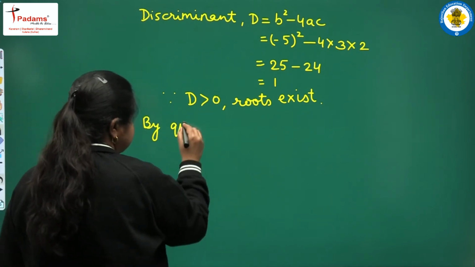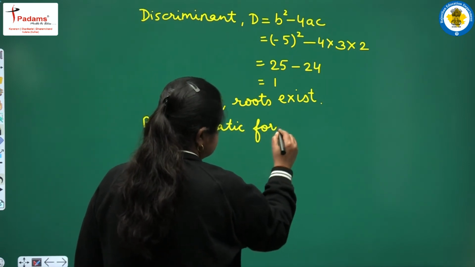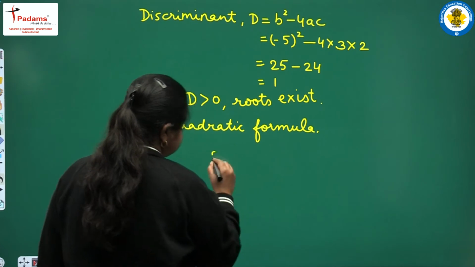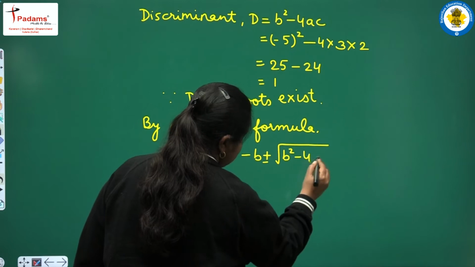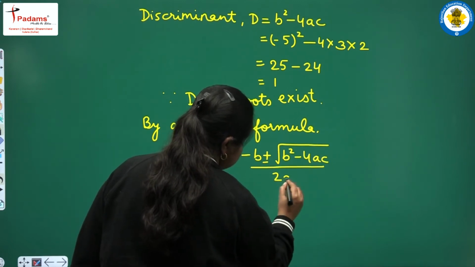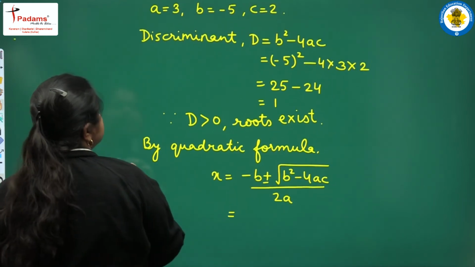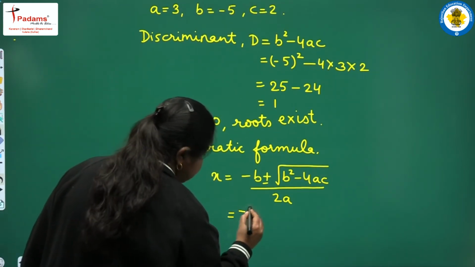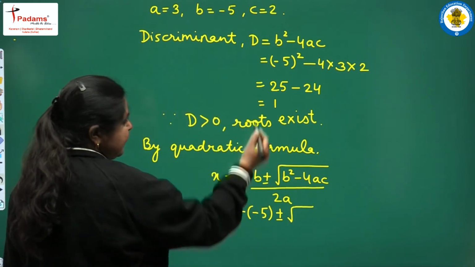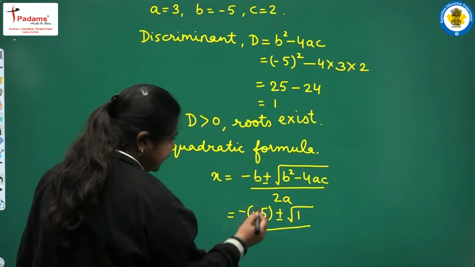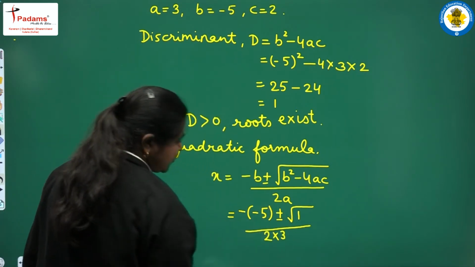Now we will find the roots by quadratic formula. By quadratic formula, x is given by minus b plus minus under root b square minus 4ac upon 2a. Minus b, the value of b is minus 5. So minus of minus 5 plus minus under root b square minus 4ac की वैल्यू हम निकाल चुके हैं, ये है 1, तो डायरेक्टली 1 लिख लेंगे, and here we have 2 into a, which is 3, so 2 into 3.